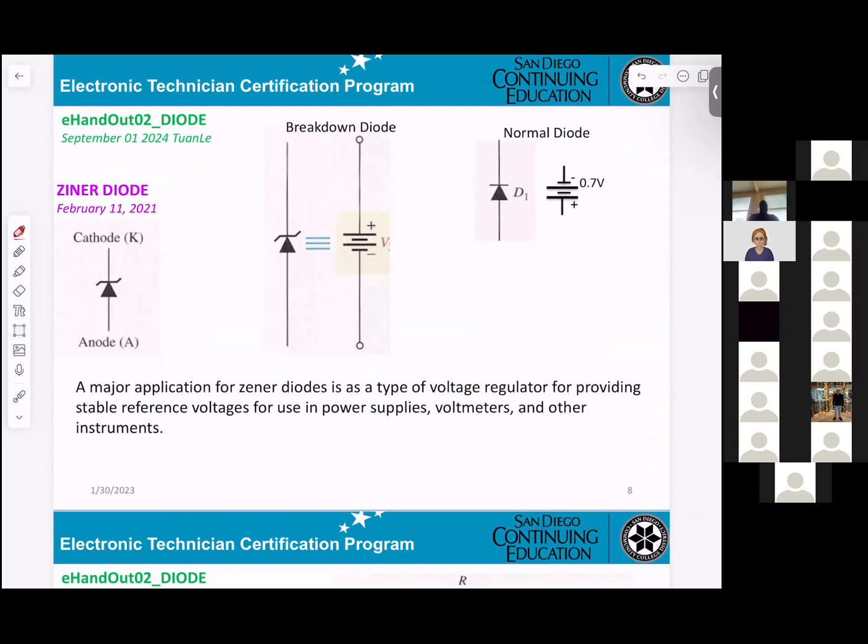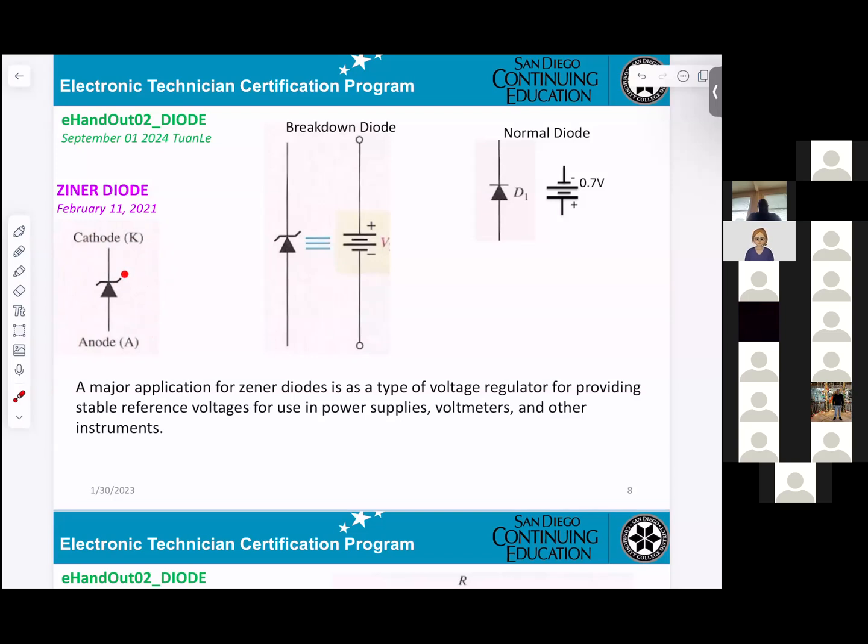Now we go to another. Before we can go into the Zener diode, you must understand the diode. Okay? This is a symbol for the Zener diode.